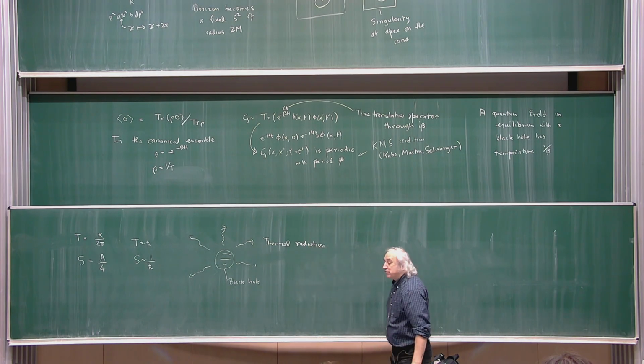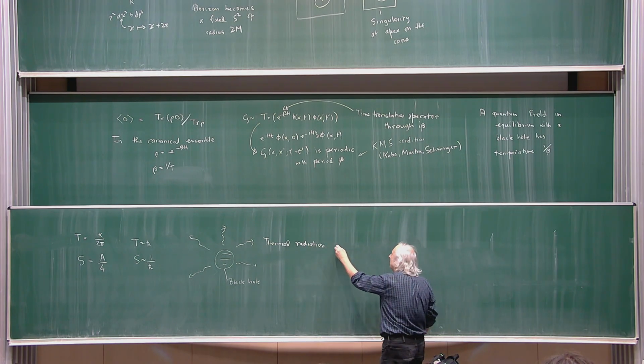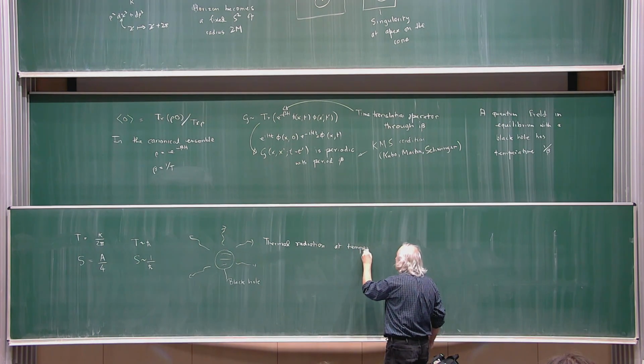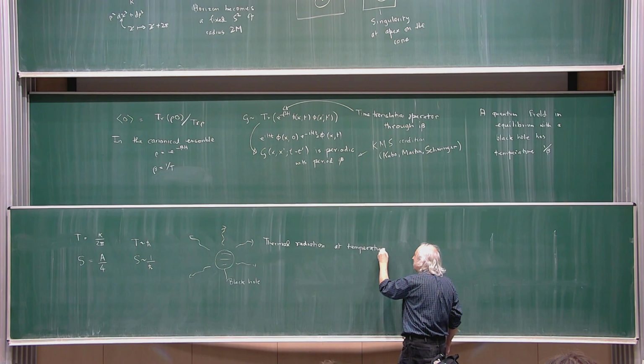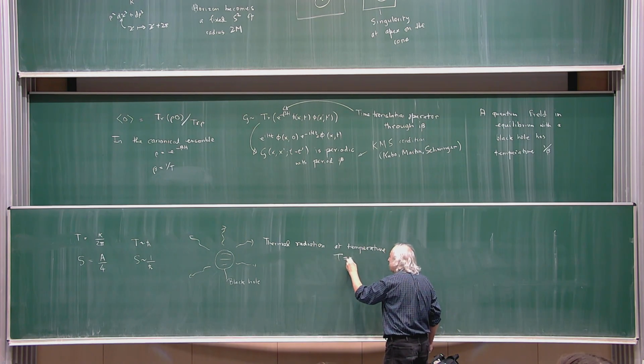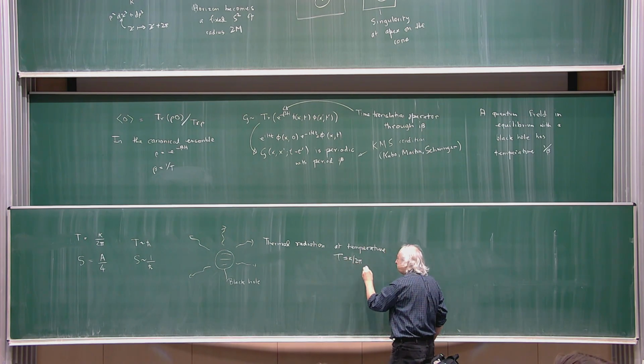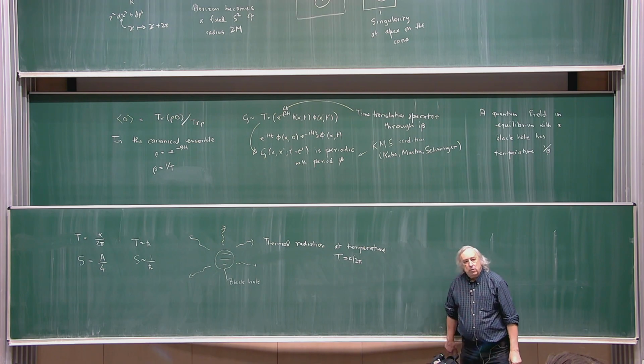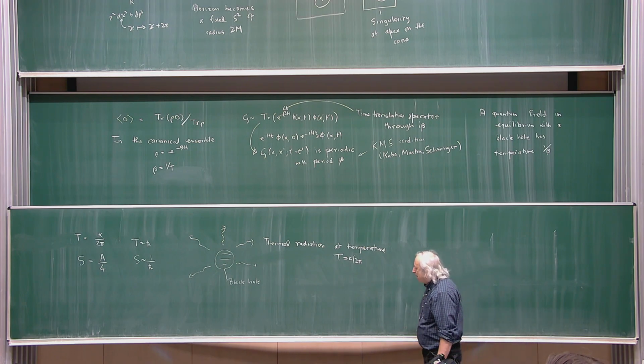It will be at a temperature of kappa over 2 pi. What is the rate of that radiation?